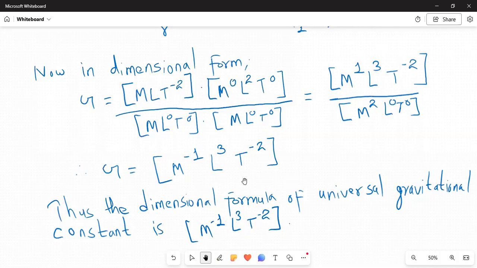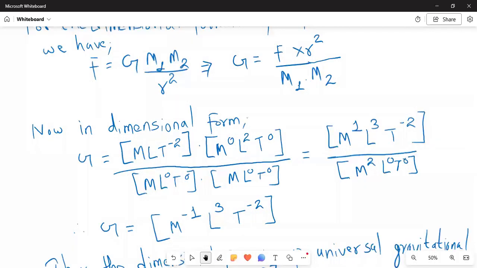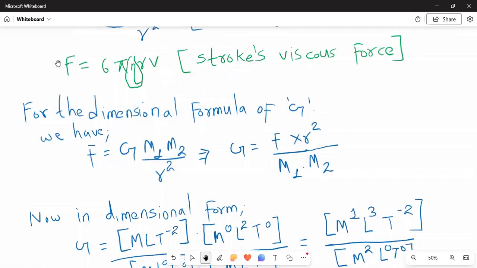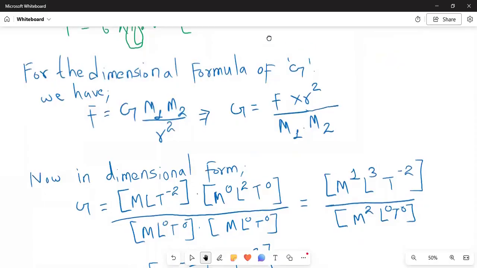Now it remains to determine the dimensional formula of the next one, coefficient of viscosity. For that we will use this equation, F equal to 6 pi eta r v.